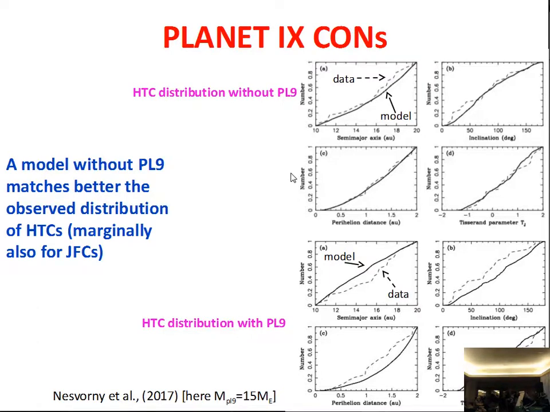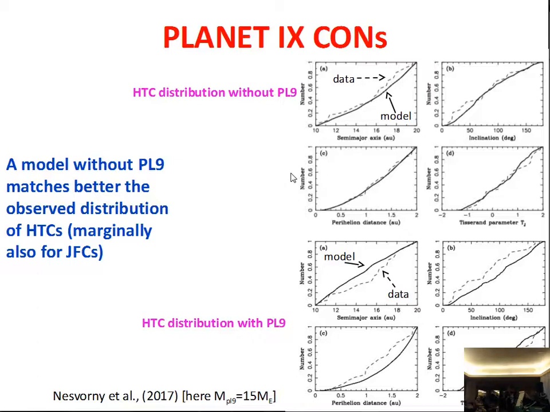Of course, this model has been done without planet 9, so just using the 8 planets that we know, and including the putative planet 9, in this case with a mass a little bit higher, 15 Earth masses. These panels show the expected distribution of the Halley-type comets in the model, in solid, and what is actually observed as dashed lines.